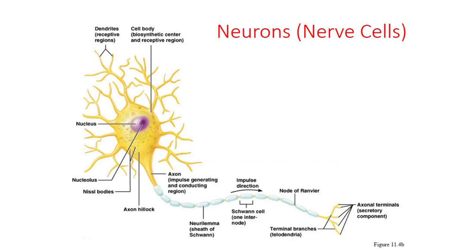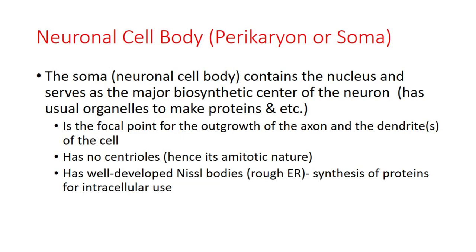Then we see that axon traveling all the way to the right, and it's going to branch off into axon terminals, which are known as the secretory regions of the neuron, because they often contain either ions that can cause a chemical synapse response or chemicals called neurotransmitters that can initiate a chemical synapse response. So these are things that we're looking at as we talk more about the neuron.